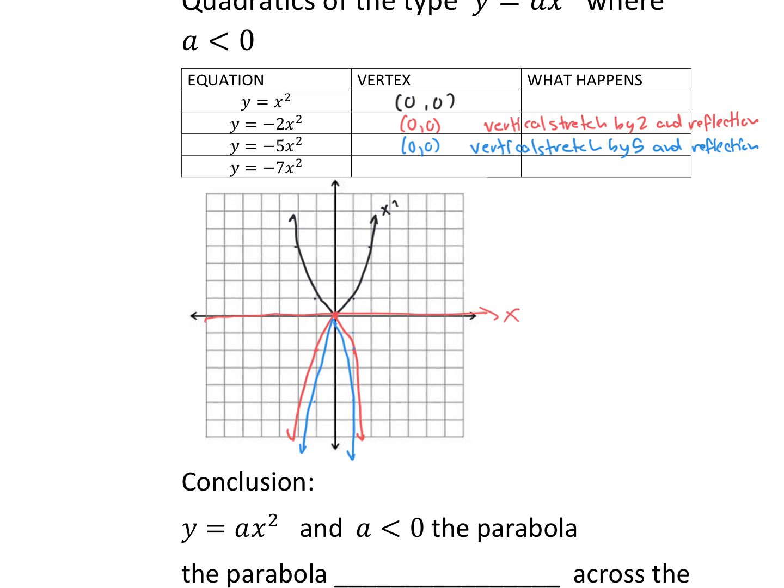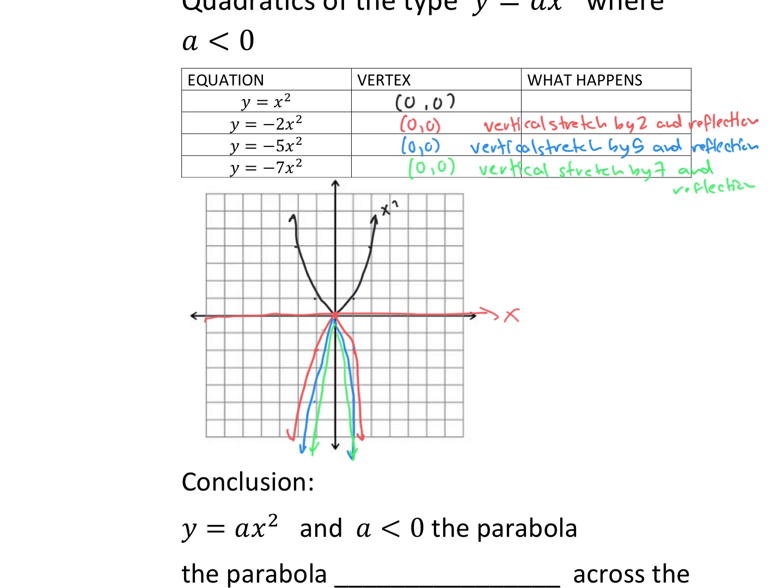And then finally, negative 7, it's going to come way down here. 1, 2, 3, 4, 5, 6, 7. And that will have a vertex of 0, 0. And it will have a vertical stretch by 7 and a reflection.